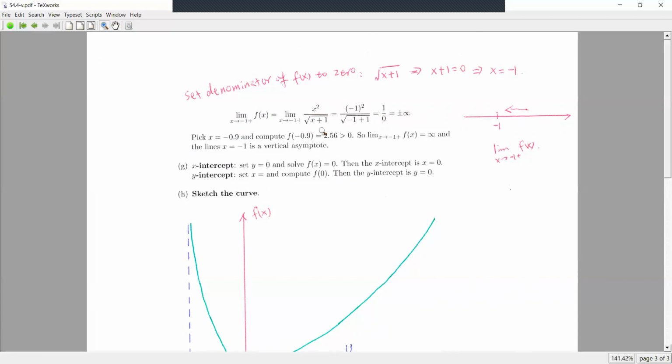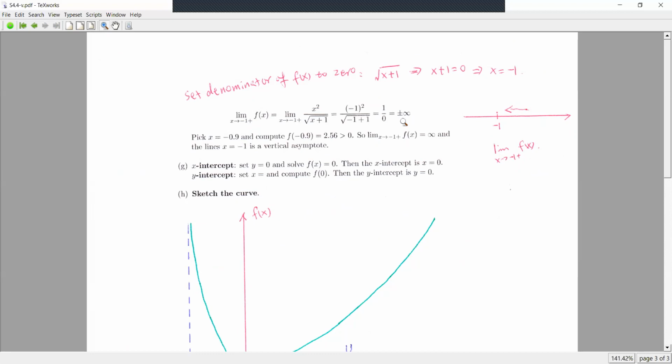Let me use direct substitution. Directly plug in negative 1 for x, then I get 1/0. 1/0 is an infinity, either positive or negative.